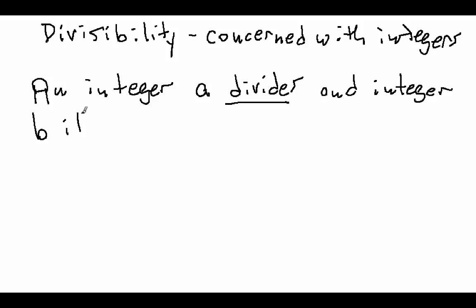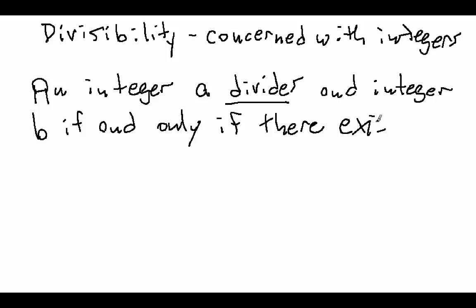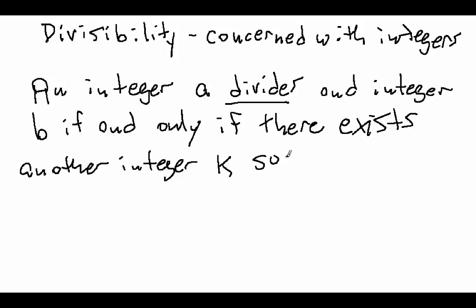If and only if there exists another integer k such that, okay, so we're saying that a divides b, so it would be such that b is equal to ka.